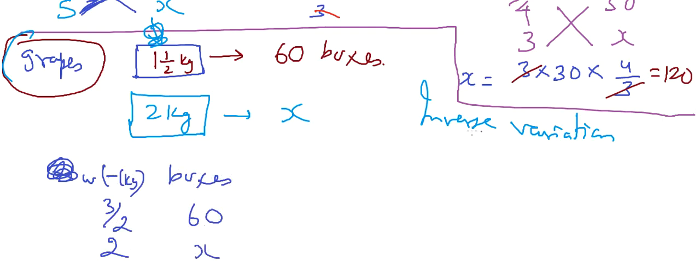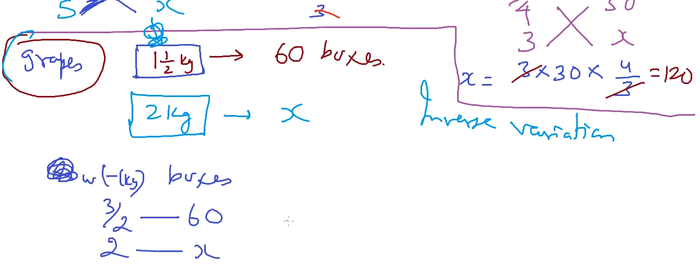So it's inverse variation. For inverse variation, you need to multiply like this. That means this into this: 3/2 into 60 equals 2 into x.